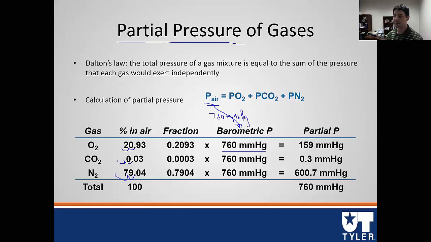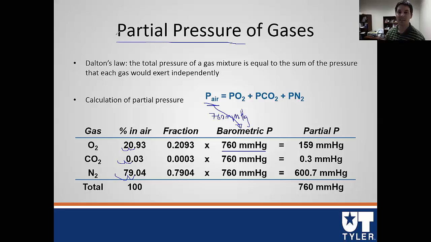We multiply our fraction times our barometric air pressure. For oxygen, we get a partial pressure of about 159 millimeters of mercury. CO2 is about 0.3 of a millimeter of mercury. And because of the sheer concentration of nitrogen, about 80% of this 760 gives us 600 millimeters of mercury, for a total if you add all of those up.